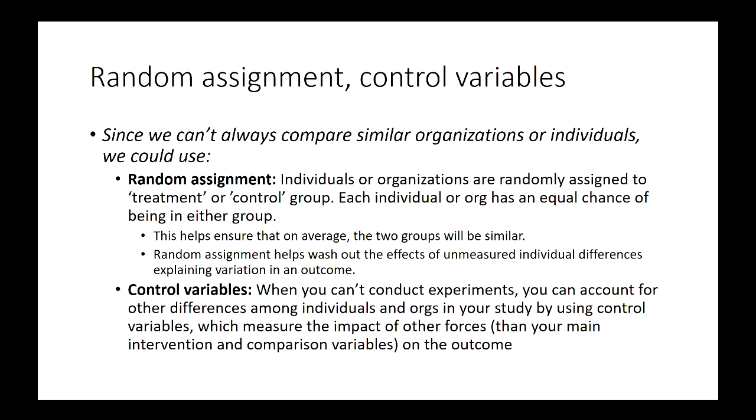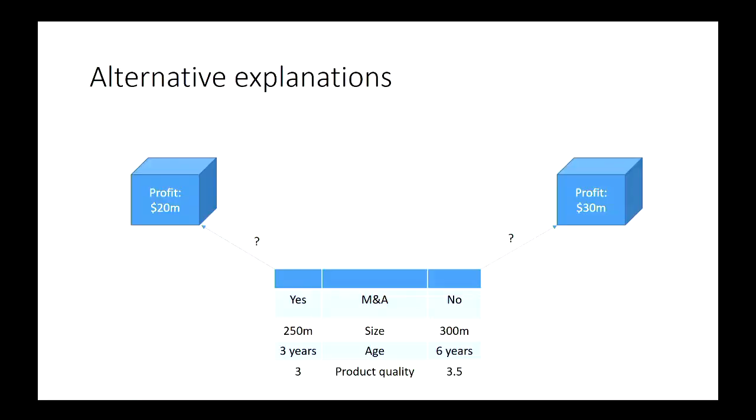If that's the case, then the two groups are not similar. They are not similar not just because of mergers and acquisitions. They are also not similar because some of them are large and one group is predominantly small. So it could be the size difference that's causing the difference in organization, right? Like you saw in this case.